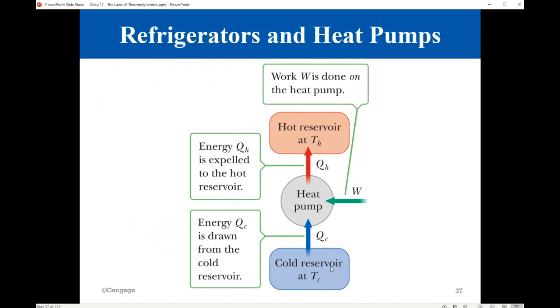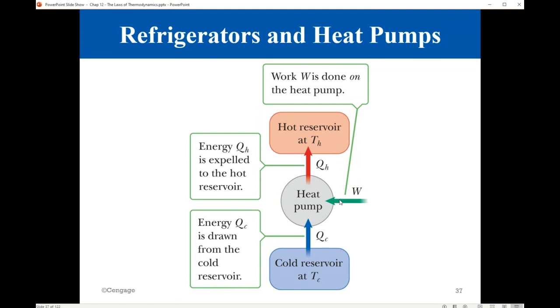Inside the refrigerator, it's cold. It takes energy from the cold reservoir and dumps it to the surroundings, which is the hot reservoir. Of course, this will never happen spontaneously. This will never happen by itself. In order for this to happen, we need to provide mechanical work from an outside source.